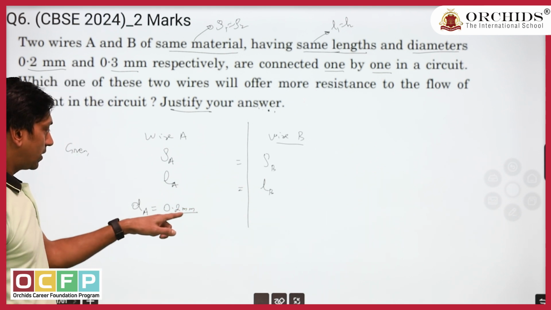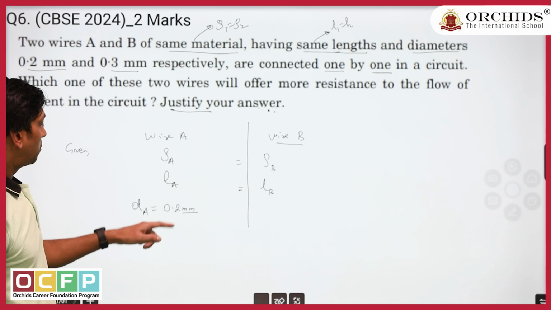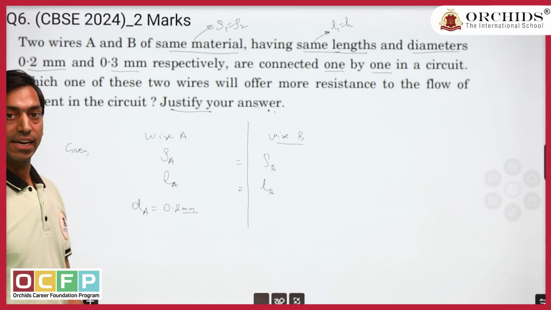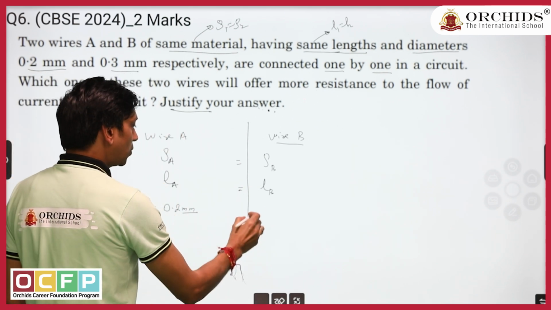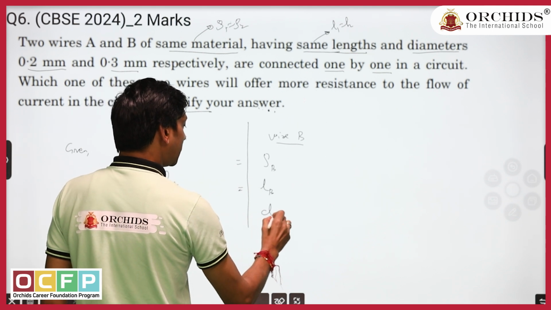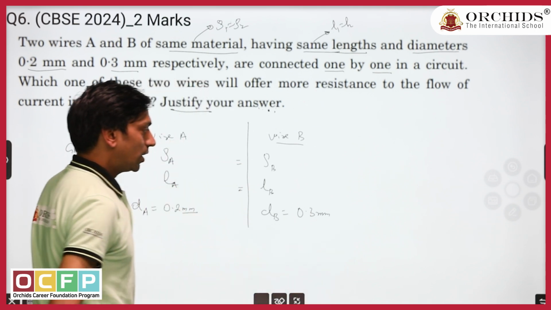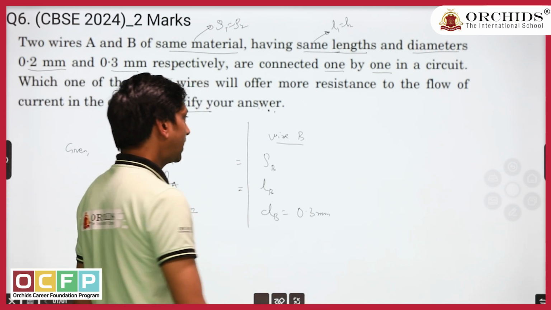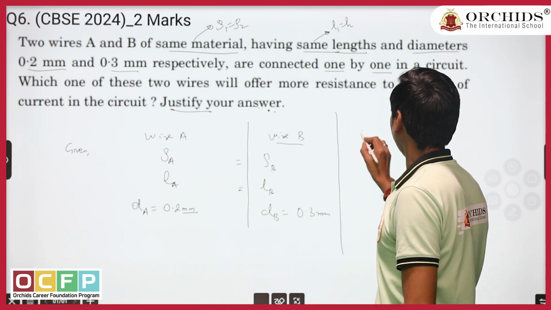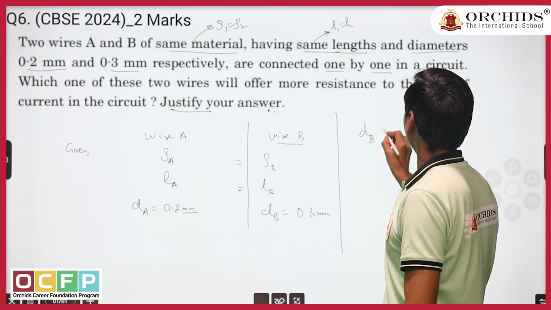Keep one thing in your mind, that the unit is in millimeters, right? Similarly, diameter of wire B is 0.3 millimeters.